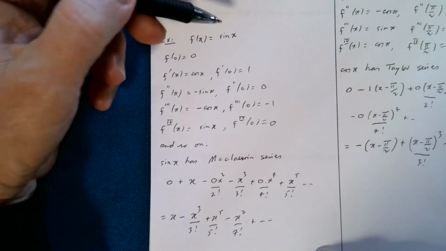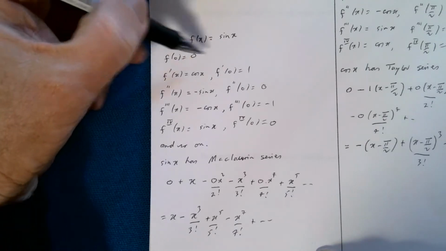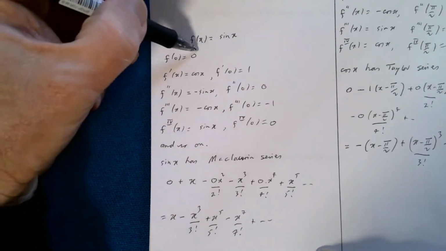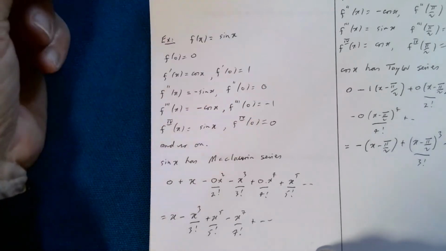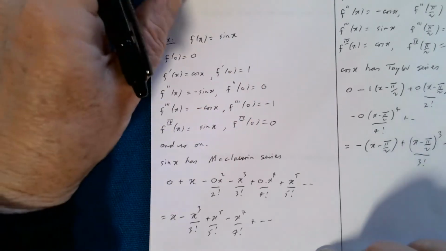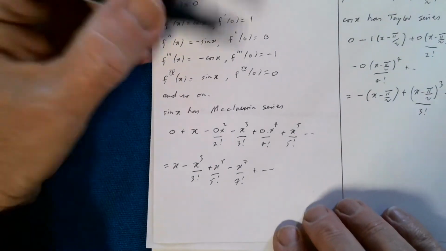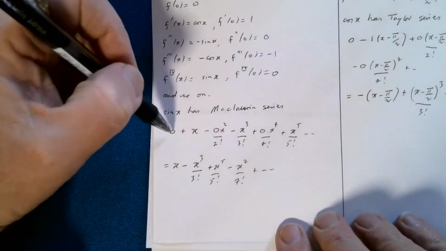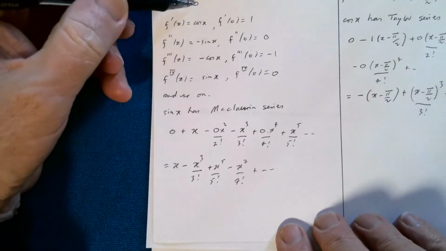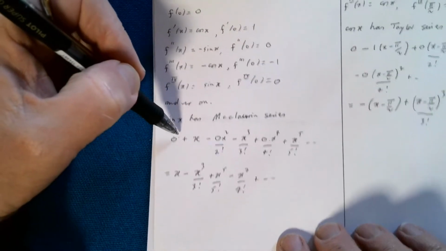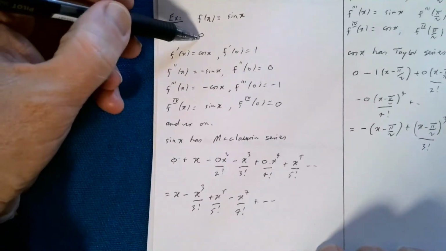So you can see from the pattern then, the coefficients are going to go 0, 1, 0, minus 1, 0, 1, 0, minus 1, and so on. They'll cycle through. So we can write down then the series for sin of x, the Maclaurin series then. The first coefficient is 0 from here. Then we get 0 from here.